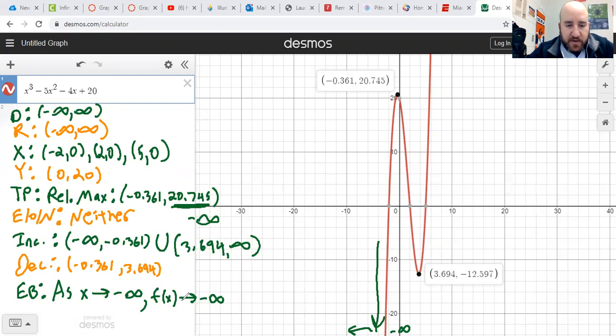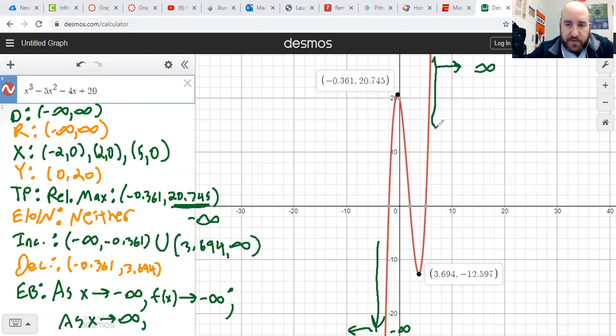The value of my function, which again is defined by our y values. So as our x values approach negative infinity, our y values approach negative infinity. And then this side, again, slightly going right, but it's never going to stop going right towards positive infinity x. So for there, as x approaches infinity, I'm just going to leave it as infinity. I'm not going to put the plus sign.